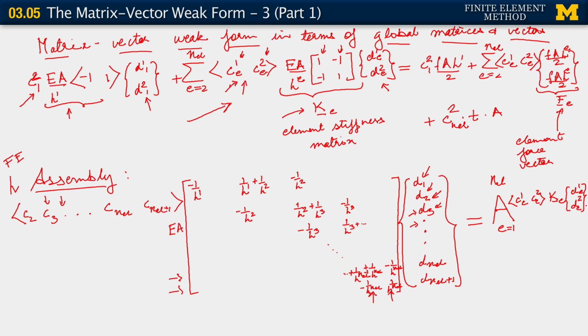This is just an abstract way of writing it. And what is involved in this operation is the detailed bookkeeping that we followed by using the nodal and global degree of freedom numbering in order to fill out this matrix.